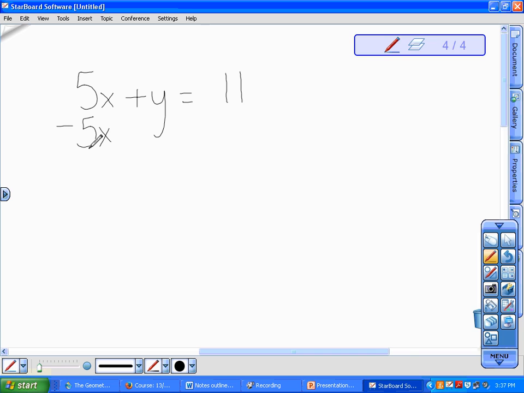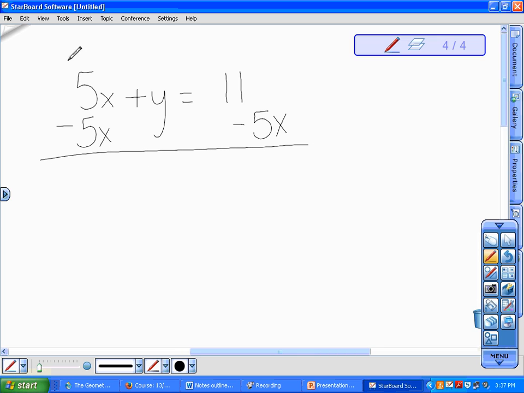This would be just like when the student teachers came to our classroom and we used white pawns to represent positive x's and blue pawns to represent negative x's. Keep in mind that whatever we do to one side of the equation, we must do to the other. So I also must subtract 5x's on the right-hand side of this equation.